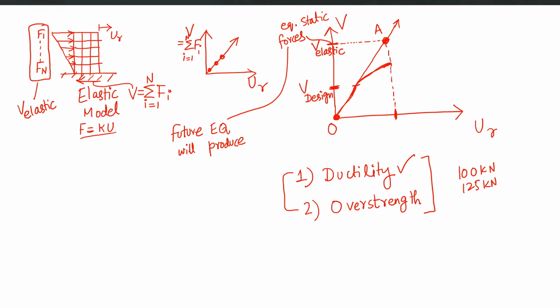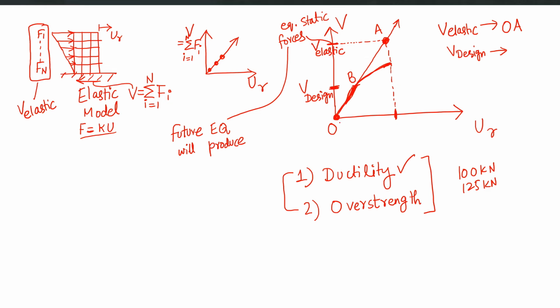So if we design on V elastic, our structure will follow the straight line from O to A. In a real earthquake, it will follow line OA. But if we design on V design, which is significantly lower than this V elastic, the structure will follow this line O, let's say this is B, and from O to B it will be linear.